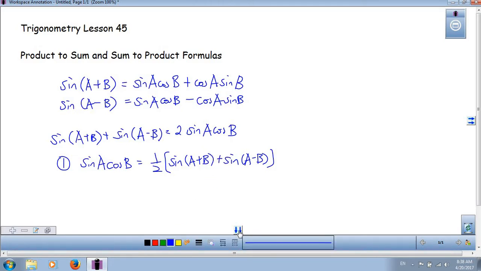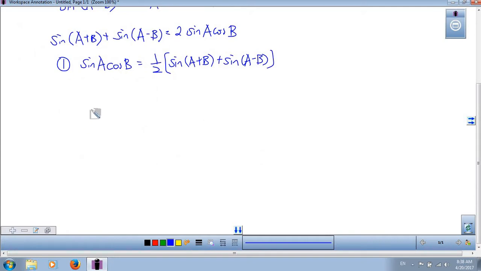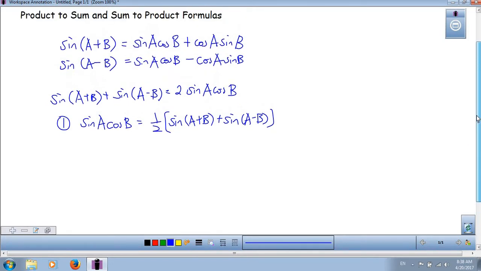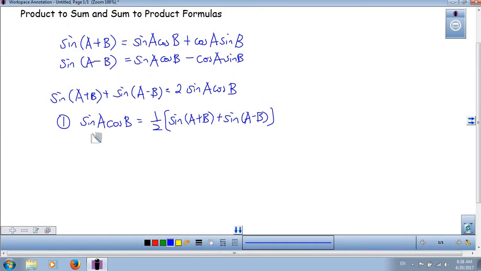Now let's see if we can derive another one. Let's use these two equations again. Last time we added them, now let's subtract them.